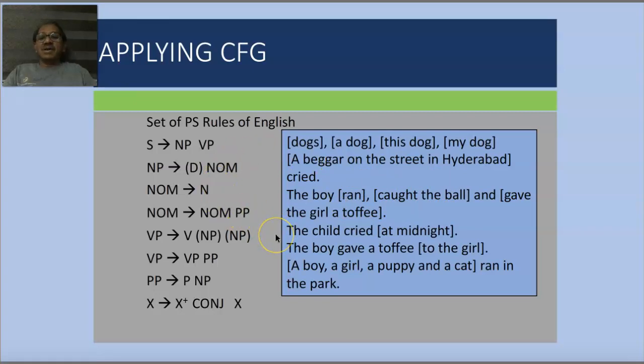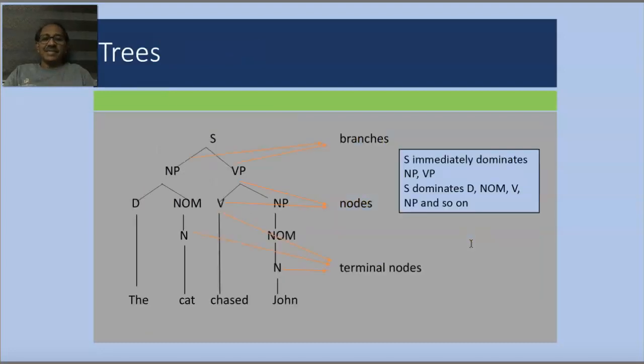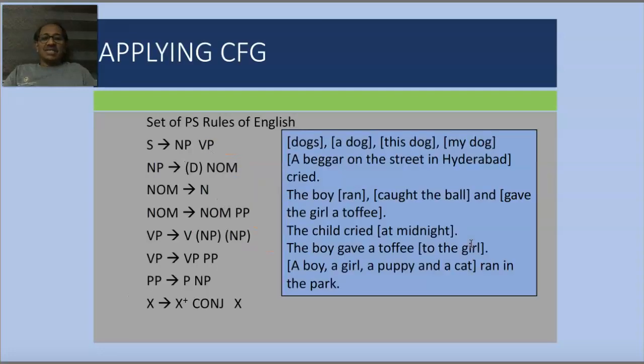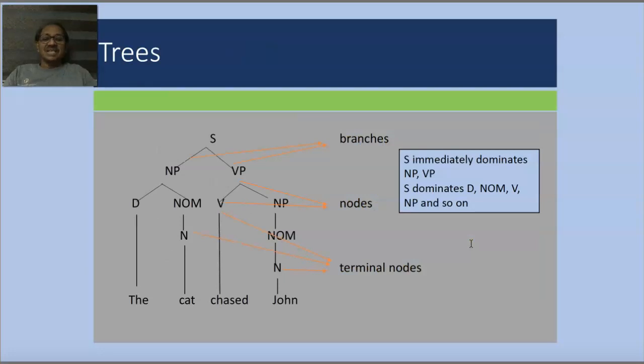Everything together becomes the context-free grammar of English. Now let's look at trees. In fact, the context-free grammar, which we have seen in the phrase structure rules, can actually generate a tree. We have already learned about trees, so this is only refreshing your memory of what you have learned.